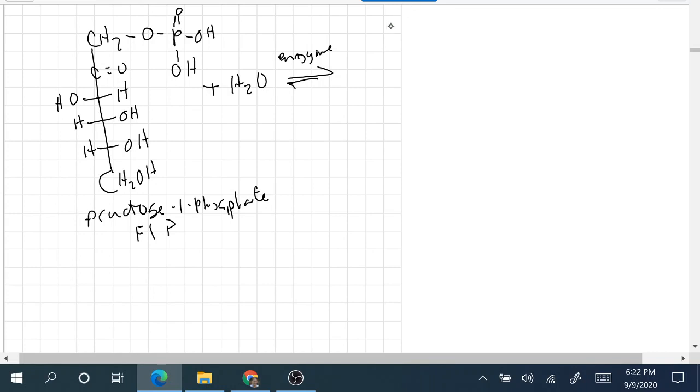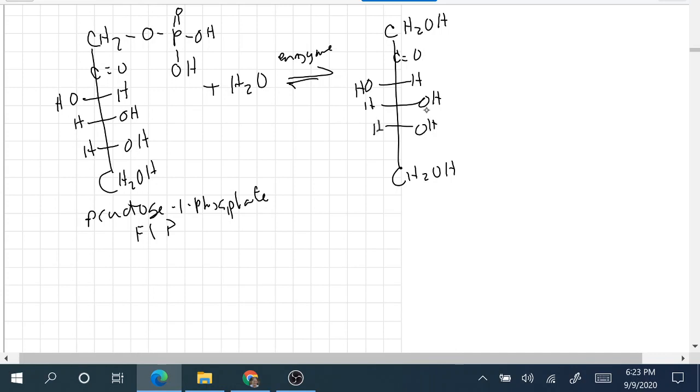And that converts it to fructose, plus inorganic phosphate, which is abbreviated Pi, and of course looks like this.